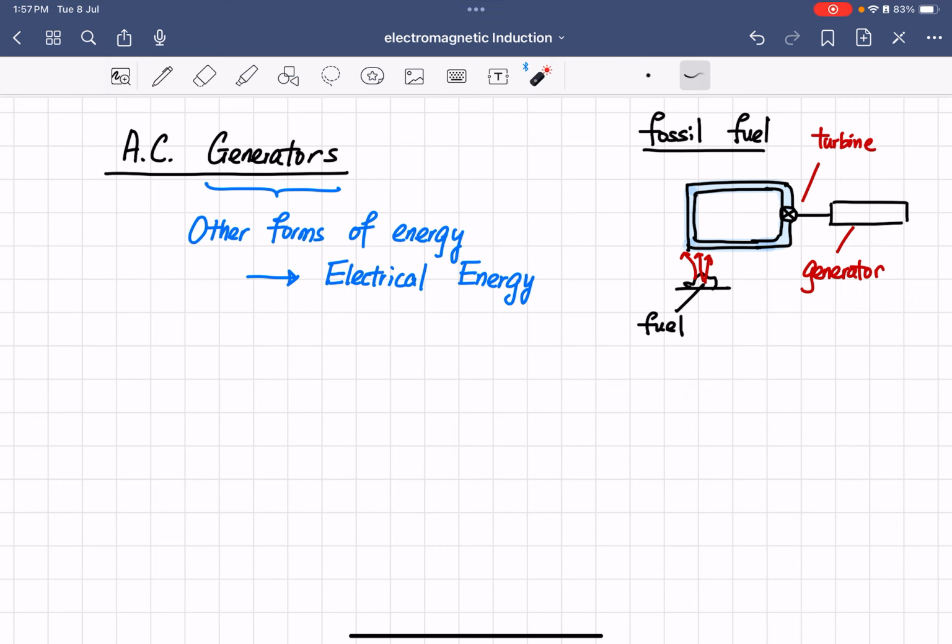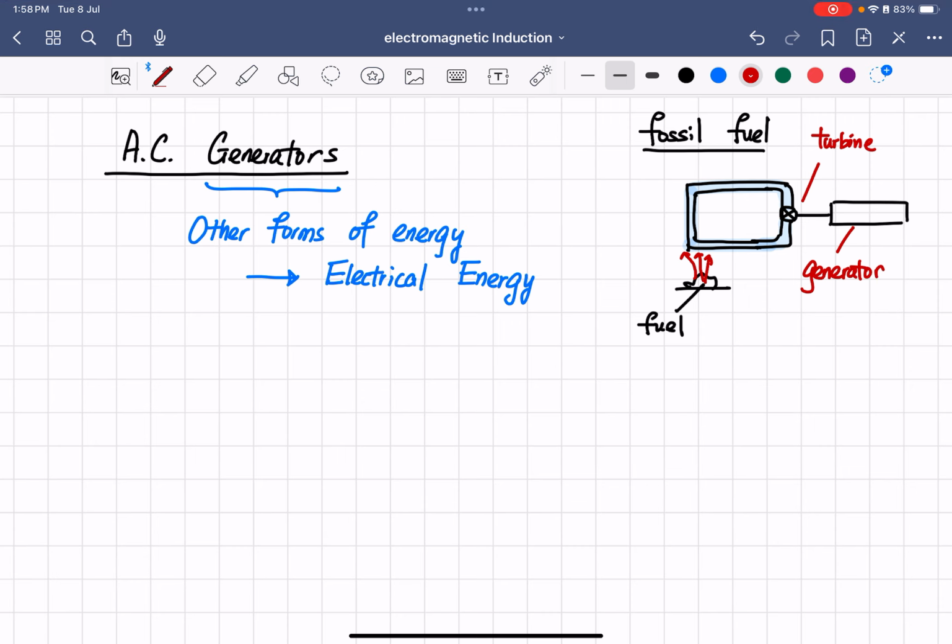So you need something to turn the turbine. For the case of fossil fuels, it is the movement of the steam that turns the turbine, and the movement of the steam comes from the chemical energy released in the fossil fuel. So a generator is essentially just a device which is operated by a turbine, and then it produces electrical energy.